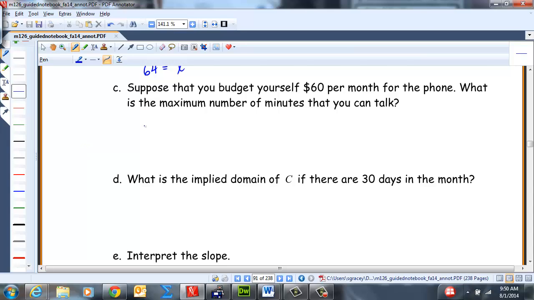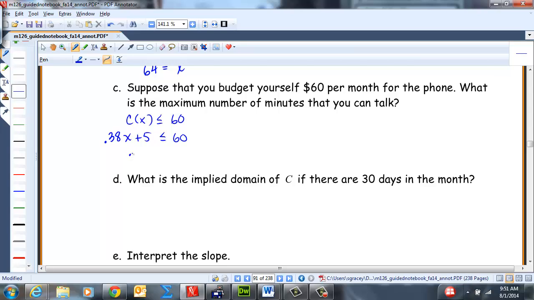So what we need to do is figure out for what values of X will C at X be less than or equal to 60. So C at X was 0.38X plus 5, and we want to know when that is less than or equal to 60.